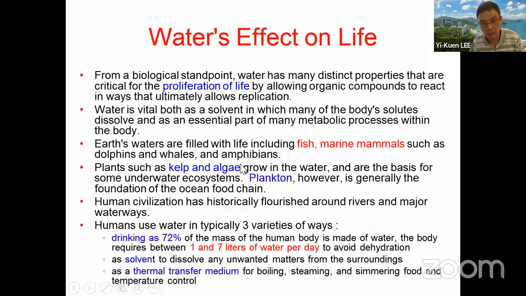Okay, let me talk about another issue. In general, water is important for everybody, not only humans but all animals and plants.